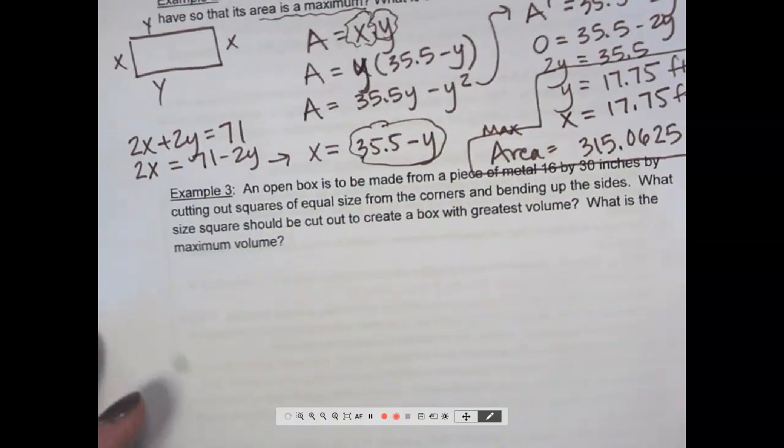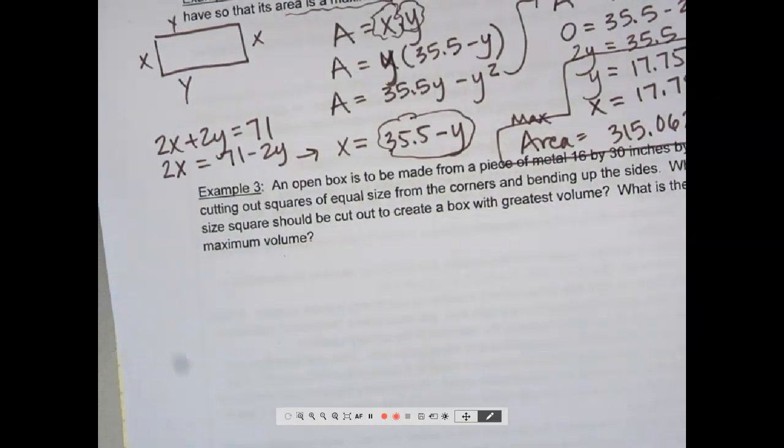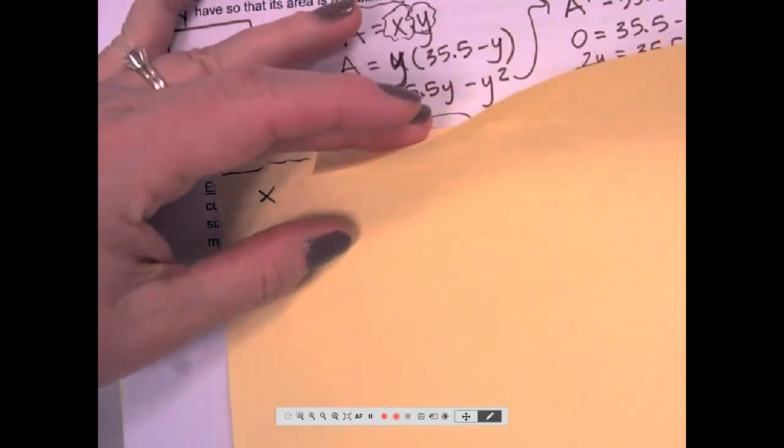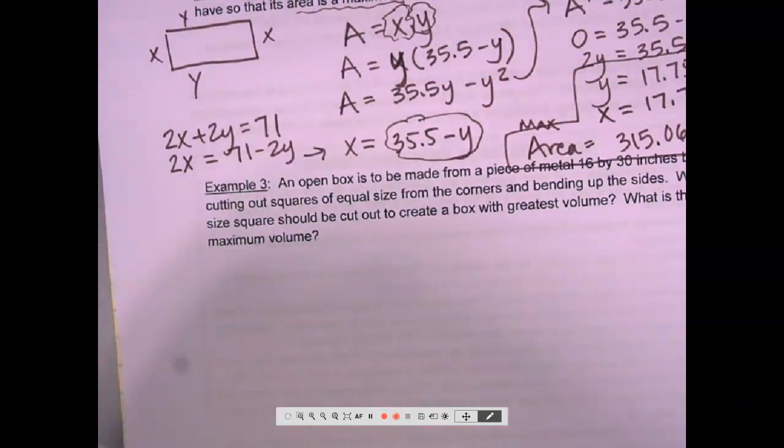All right. Do you remember when I showed y'all the box situation where we had the piece of paper and we cut corners and then we folded up the corners to make an open top box? Okay, so this next problem is referring to that same situation.